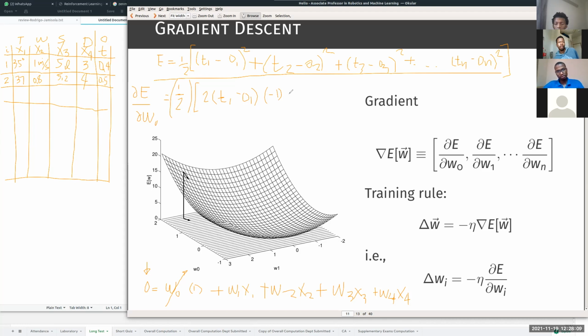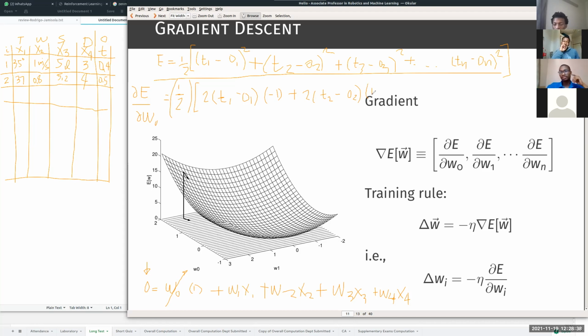Then plus, the same thing, 2 times T2 minus O2. We are talking about with respect to W0. Again, you have this one as well, the same thing.